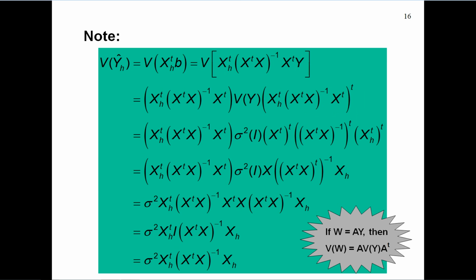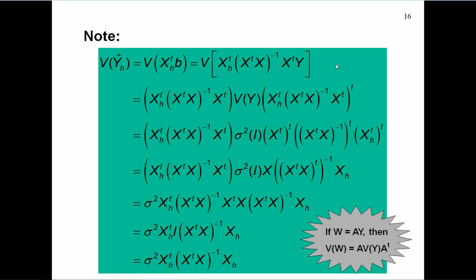We can find the variance of the expression that you see here, remembering that b is x transpose x inverse times x transpose times y. So we substitute that in for b. We do our arithmetic. We again allude to the fact that if we're finding variance, we have to square these constants.